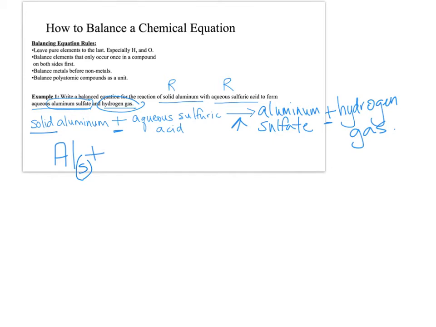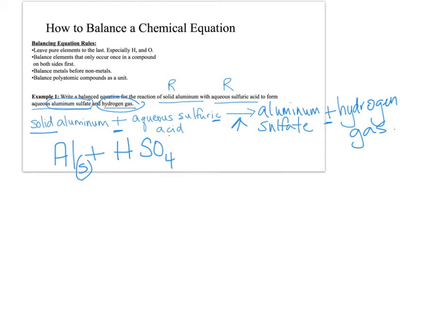So for aqueous sulfuric acid, I do need to know my formula for my acid, and because we have the IC as our suffix for sulfuric, then that means that we're looking at sulfate as our polyatomic ion for this acid. So it's going to be hydrogen plus sulfate. And the formula for sulfate is SO4.